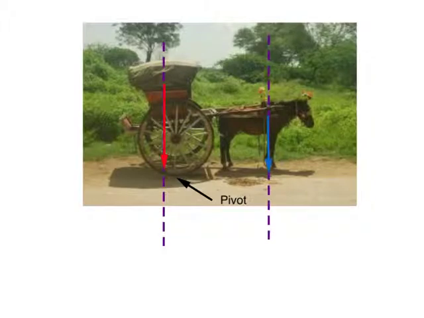The weight of the donkey and some other parts of the cart will contribute to the clockwise moment about the pivot at this point too. As long as the clockwise moment is bigger than the anti-clockwise moment, the cart and the donkey is safe.